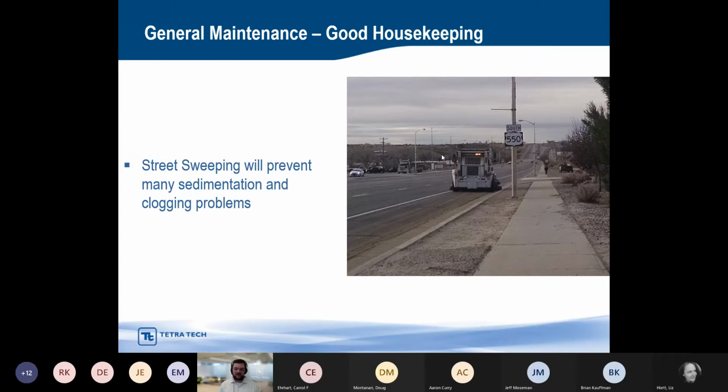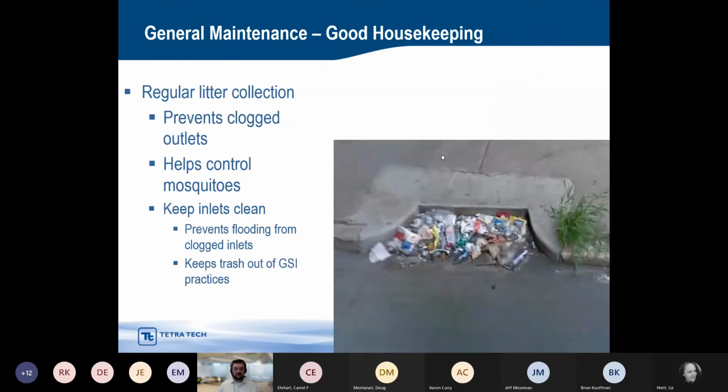So if you're sweeping fairly often, if the street or the area that's draining to the BMP, if you're cleaning that sediment and keeping those areas clean, then your BMPs will function for longer terms and require a little less maintenance. Same thing for trash and litter. If we're keeping the litter out of the watershed, if we're collecting that through trash screens or other processes, then it's also going to extend the life of your BMP and ultimately impact the amount of maintenance that's required.